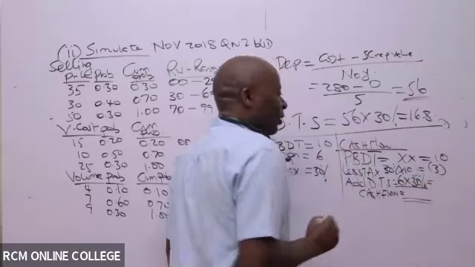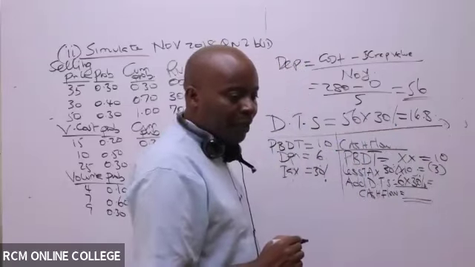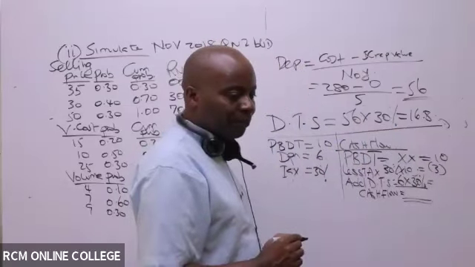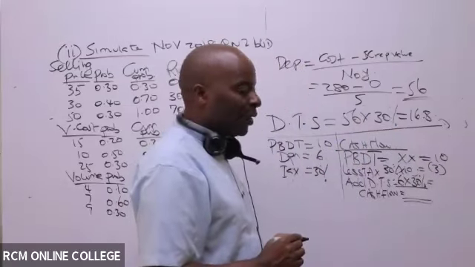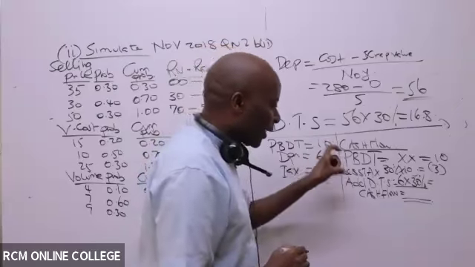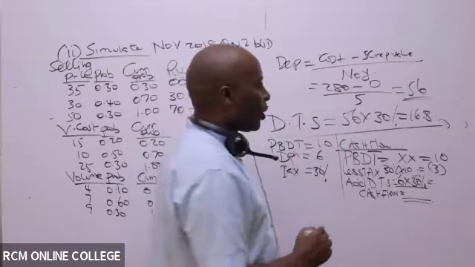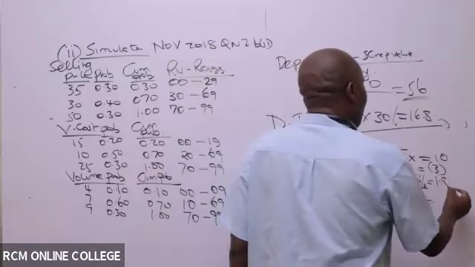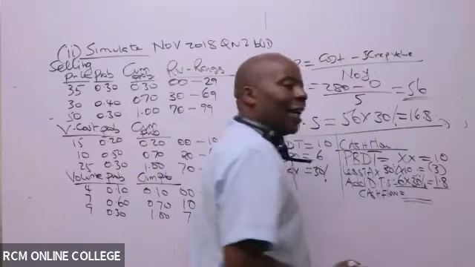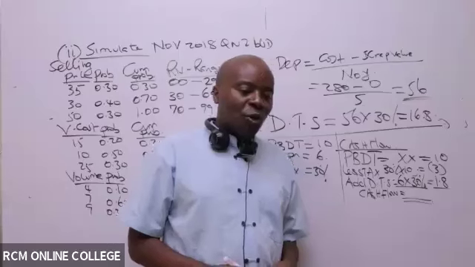So that gives me 1.8. Remember, the depreciation tax shield is always added.